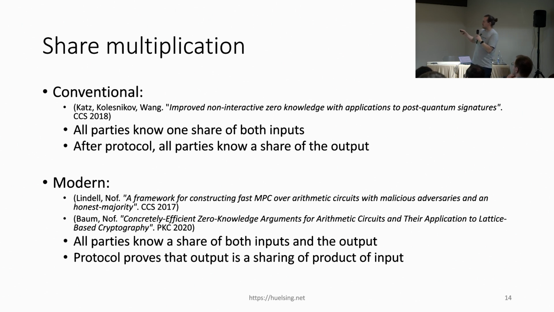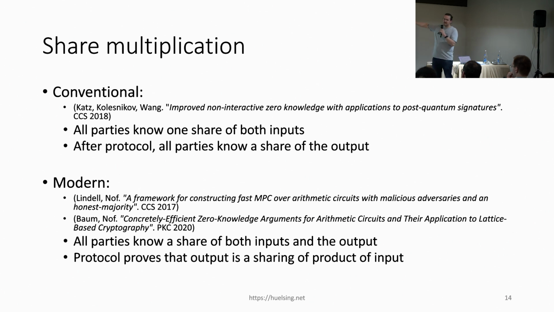We'll have this on the next slide. So if all parties have sharings of x, y, and z, after the protocol you have a proof that x times y equals z, without revealing these values. Why is this nicer? In both cases I will actually need random secret sharings of multiplication triples, so values a times b equals c.